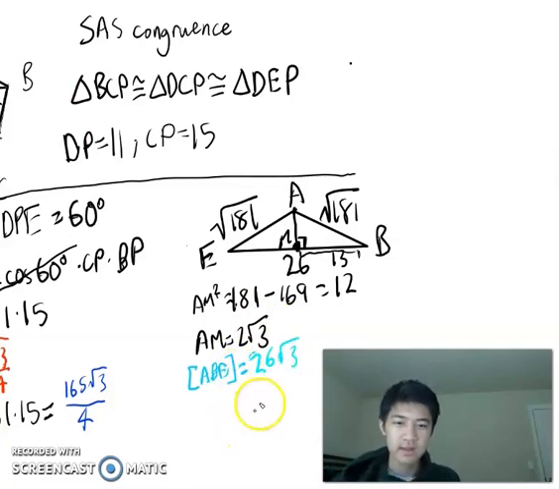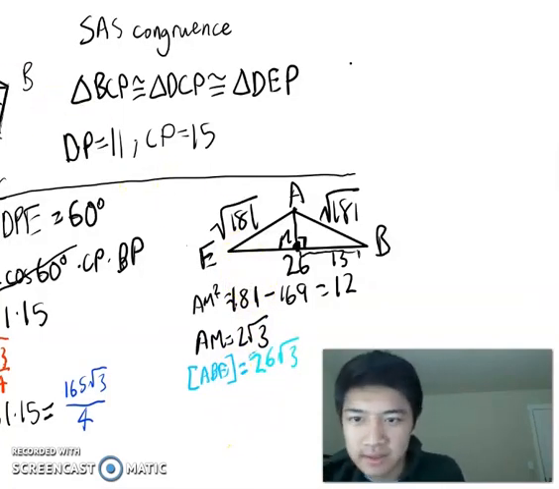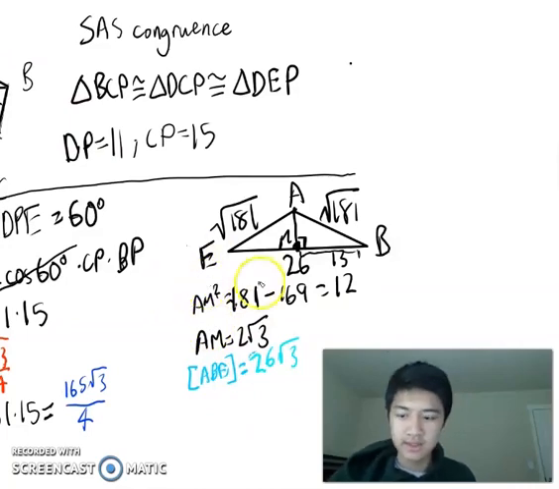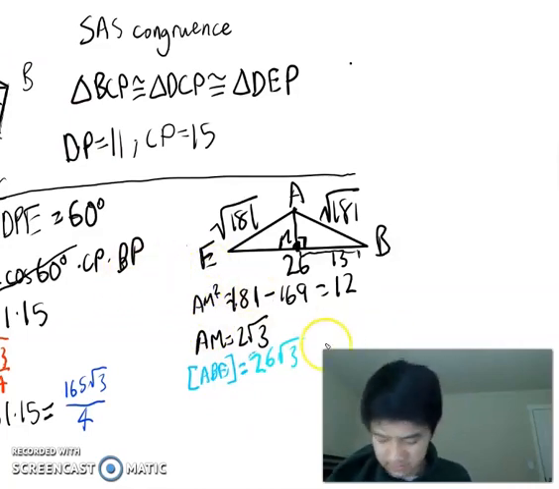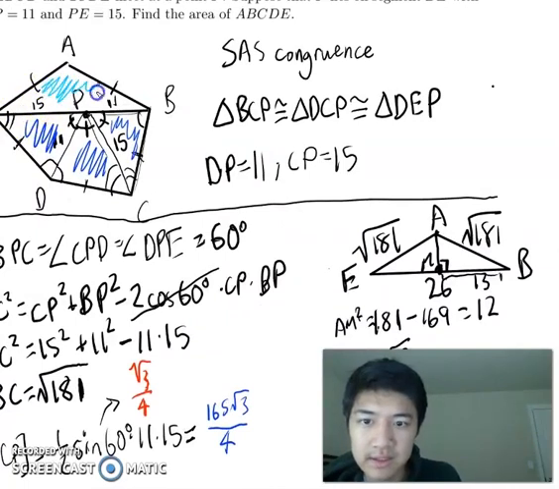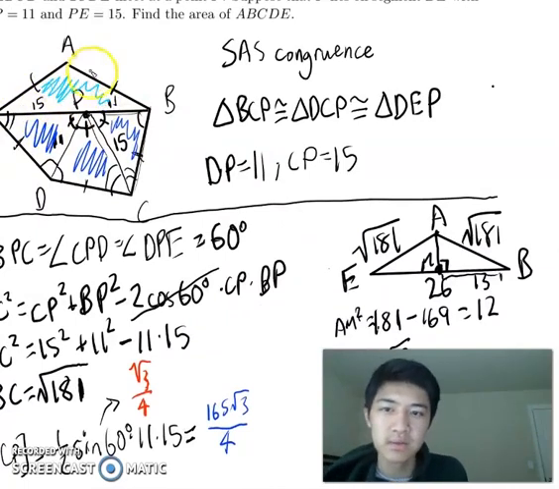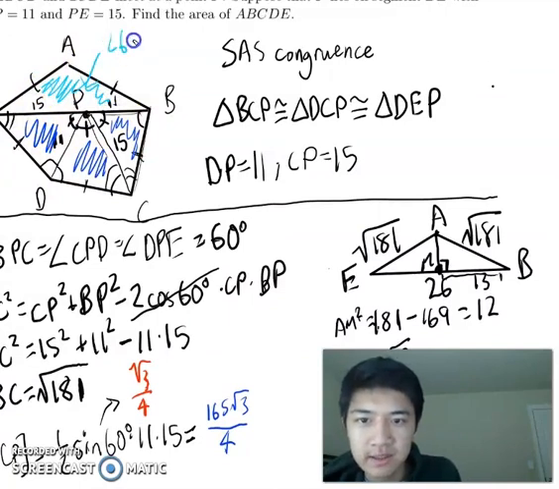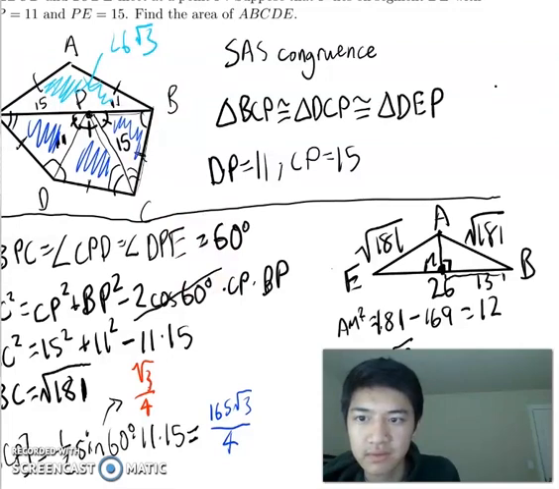Okay. And since we have this area is 26 root 3, we can mark that over here. So we have this area is 26 root 3. So now we have one thing that's 26 root 3 and 3 things that are all 165 root 3 over 4.